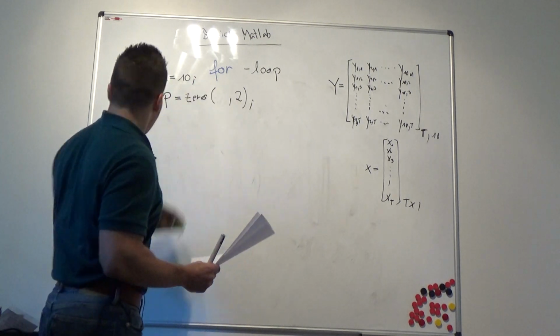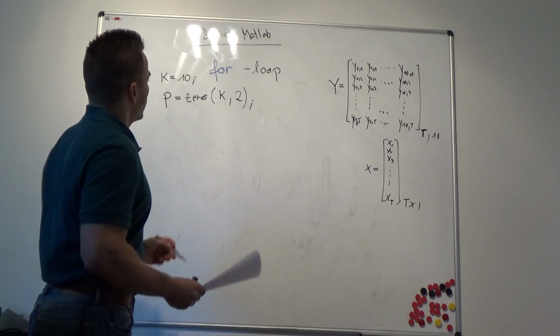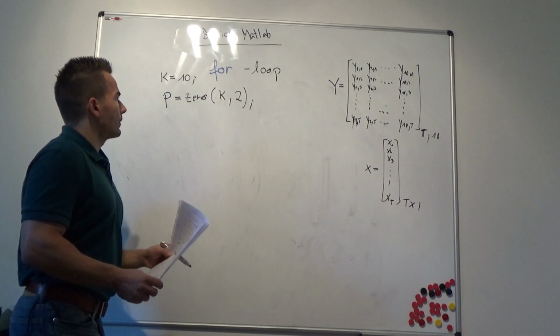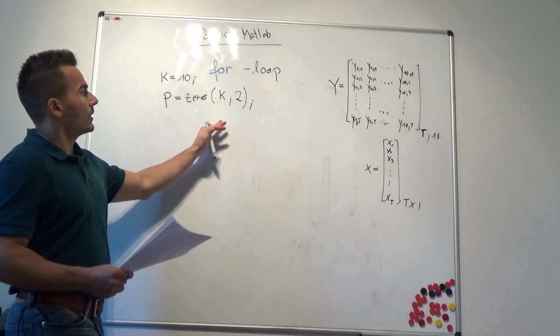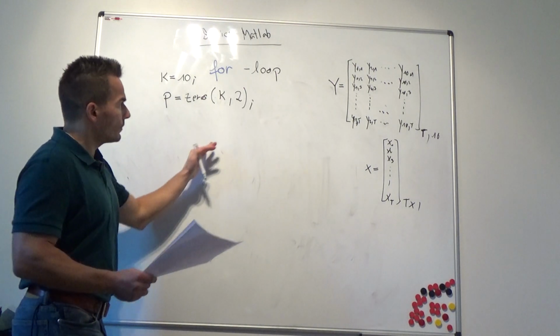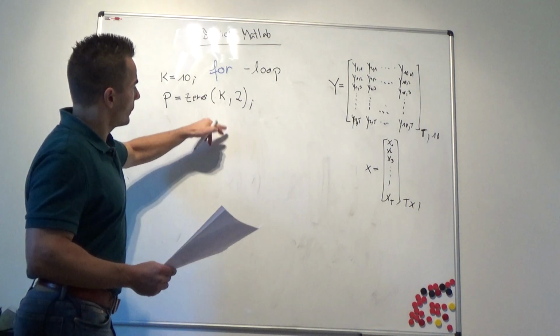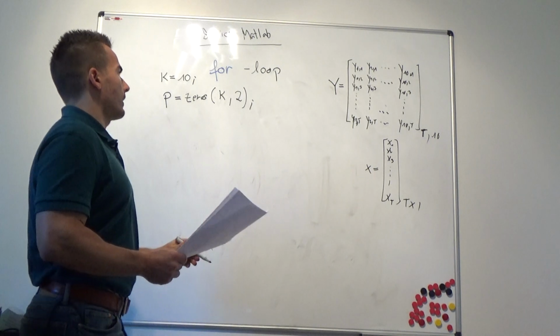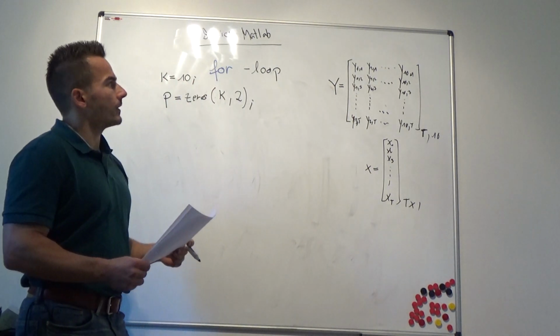But since we have defined it before the for loop, we can just write P equals zeros(K, 2). Again, we create a matrix consisting of zeros, which has 10 rows and 2 columns.